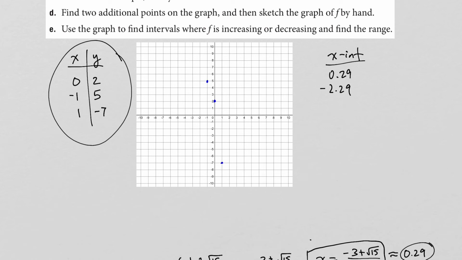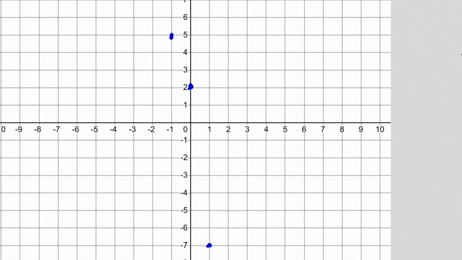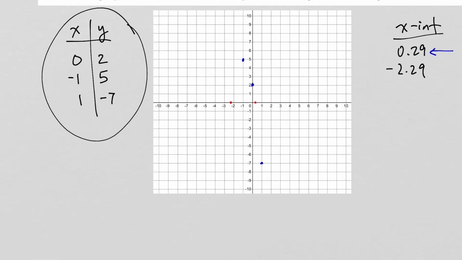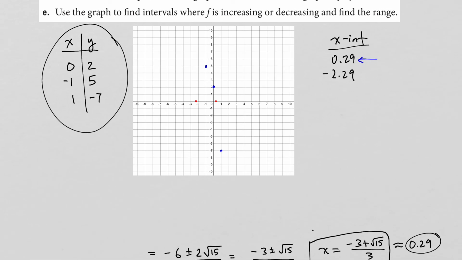And we also know that there is an x-intercept at 0.29, which is right about here, and another x-intercept at negative 2.29, which is right about there. And then the other thing we know is that the axis of symmetry is the line x equals negative 1, which is this line right here.